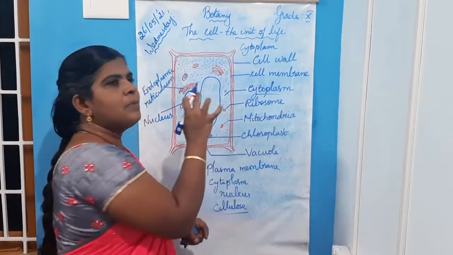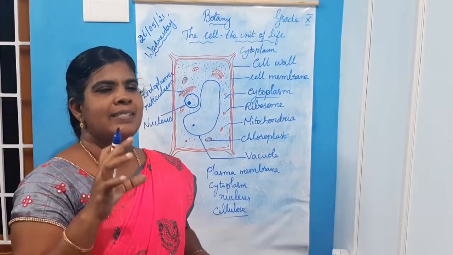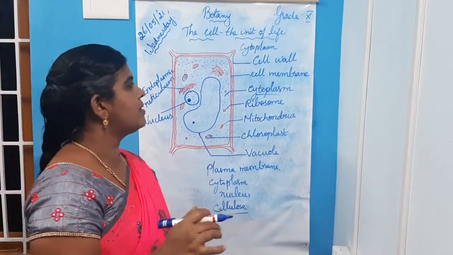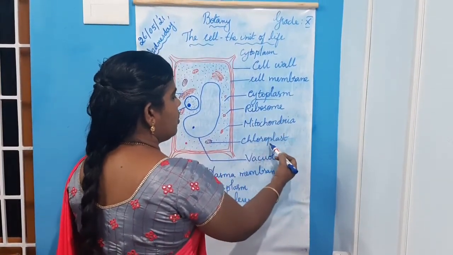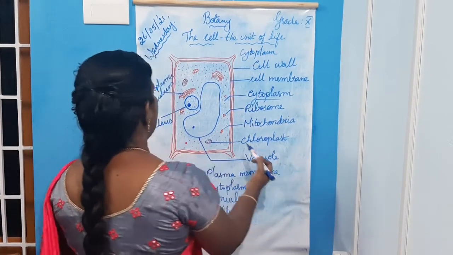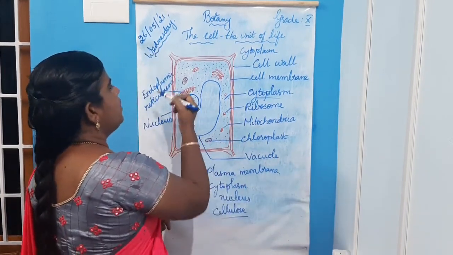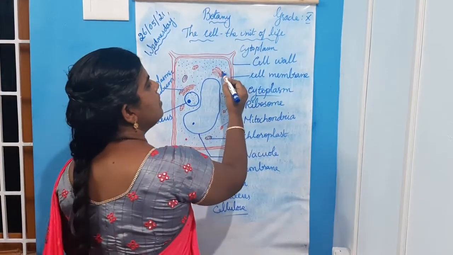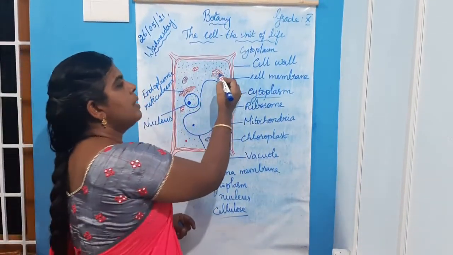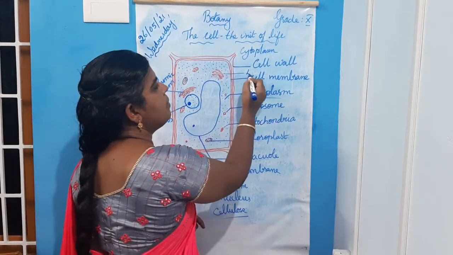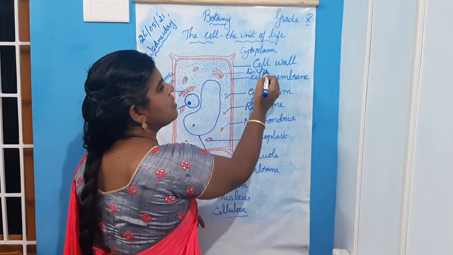The cytoplasm contains the cell organelles such as ribosome, mitochondria, chloroplast, vacuole, nucleus and endoplasmic reticulum. Then the Golgi apparatus: in animal cell we say Golgi apparatus, but in plant cell it is termed dictyosomes.